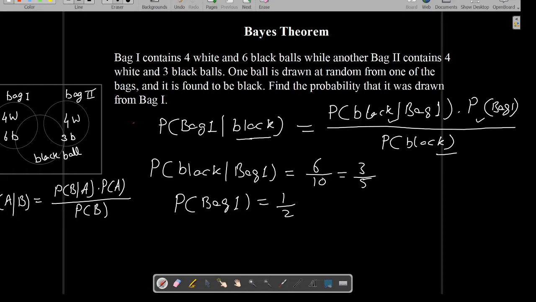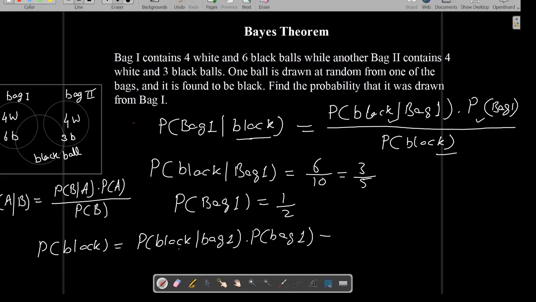This is denoting the probability of getting black ball from either of the bags. So P of black equals P of black given bag 1 times P of bag 1 plus P of black given bag 2 multiplied by P of bag 2.